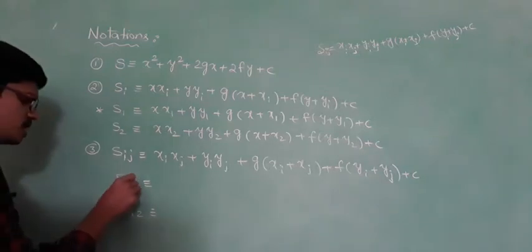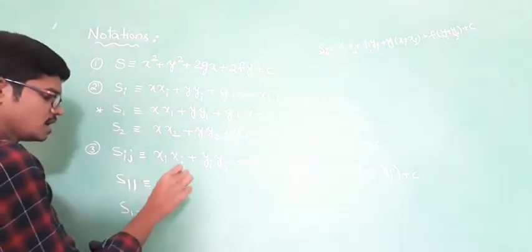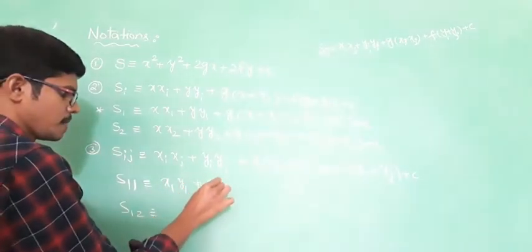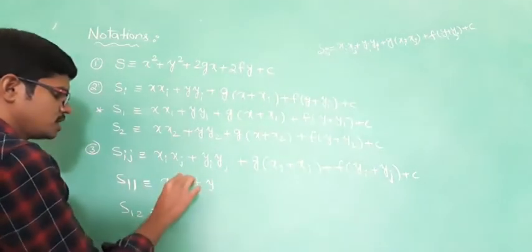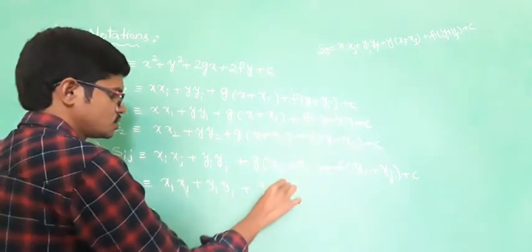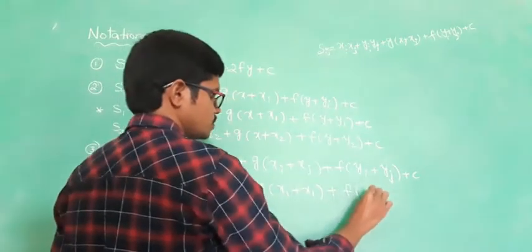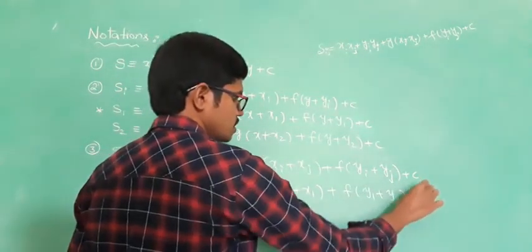For example, if i is 1 and j is 1, then it can be written as x1 into x1, y1 into y1, plus g into x1 plus x1, plus f into y1 plus y1, plus c.